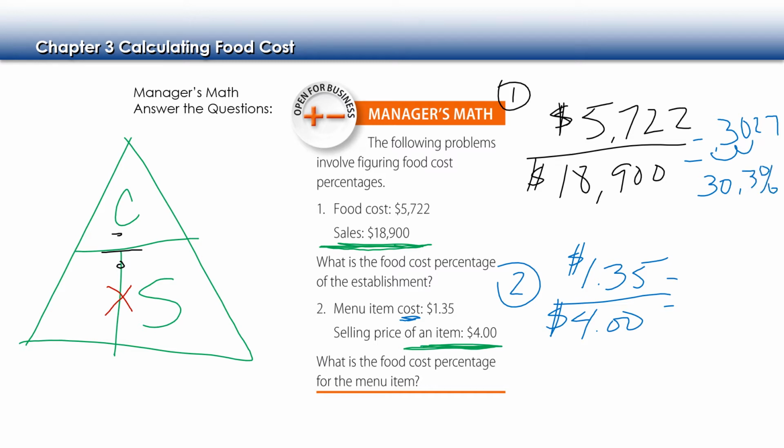Okay? For the next one, $1.35 divided by $4, we get 0.3375. We move that over 2 places, and we would get 33.8%. Did your answers match mine?